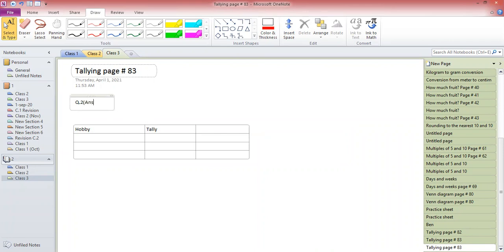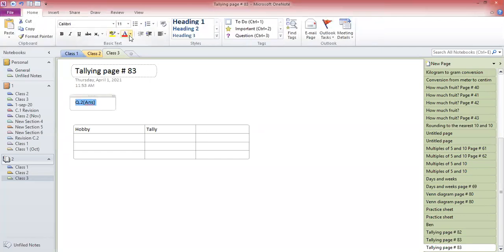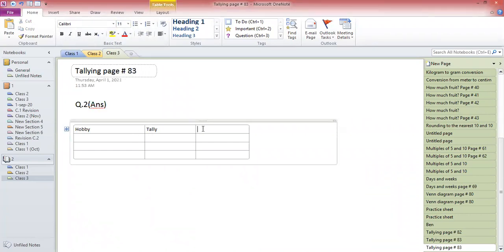Draw a table as I am drawing. Here I will write total. Hobby, tally and total. These are the three columns I have made.